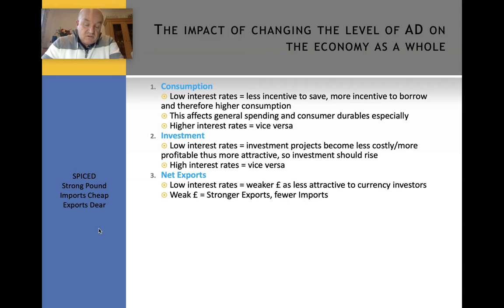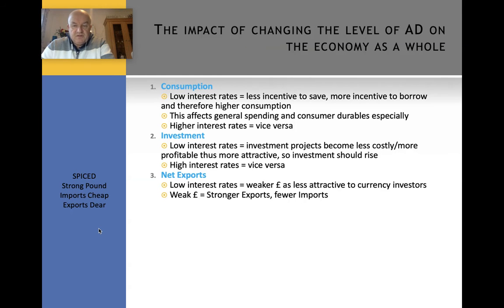So there are some advantages and disadvantages to the way in which interest rates can have an effect on exchange rates and net exports. Remember, net exports is fundamentally exports minus imports. In the UK's case, we almost always have a negative net export figure because we import so much more than we export.